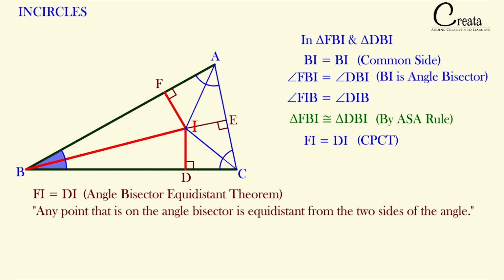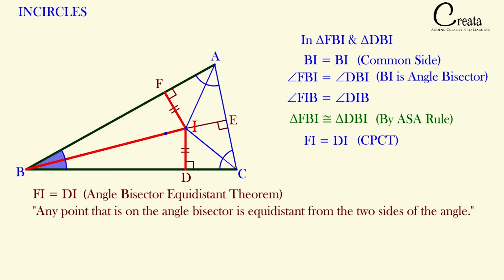We have covered that the distance between a point and a line segment is the shortest distance, and the shortest distance is the perpendicular distance. So the perpendicular distance between the point and the line for both of these sides will be equal to each other. That is IF is equal to ID. This is the angle bisector equidistance theorem.